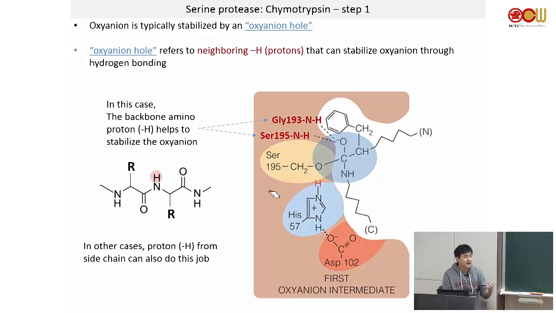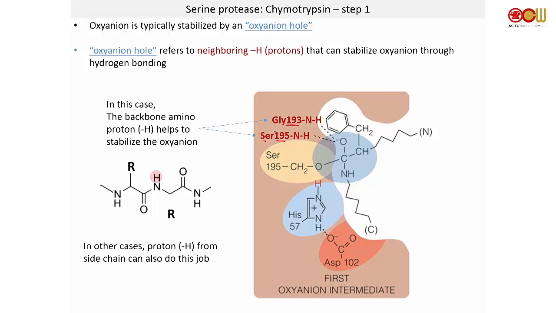Because you have to have a counter-stabilizing feature on the enzyme to stabilize your negative charge, okay? In the case of chymotrypsin, you have your glycine 193 and serine 195, okay? Their R groups don't do anything.